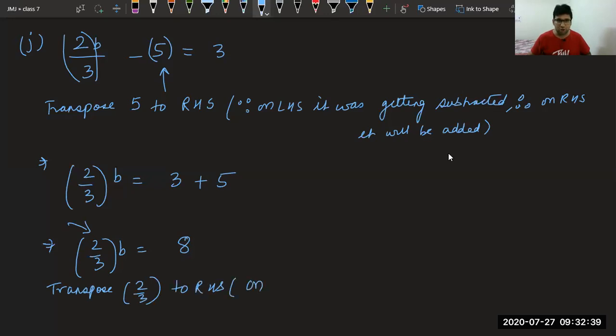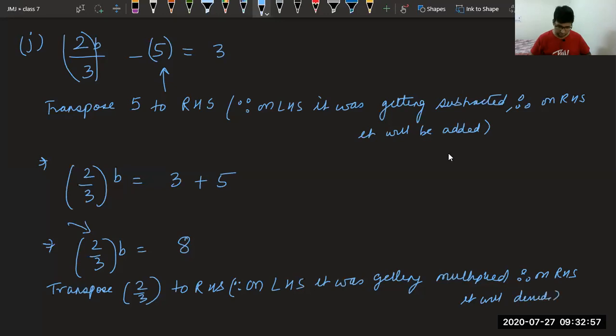Then you will write on LHS, because on LHS it was getting multiplied. Therefore, on RHS it will divide.